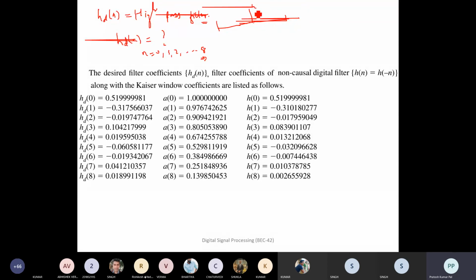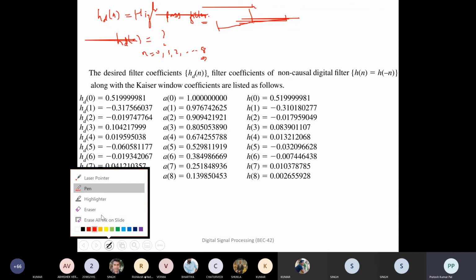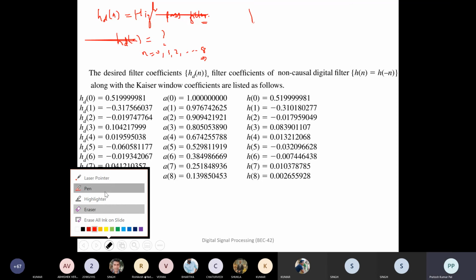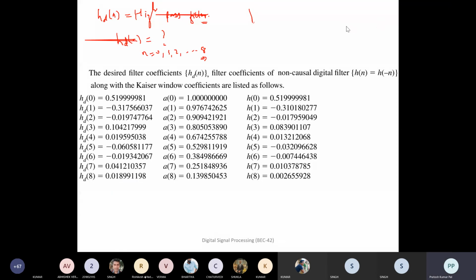So Hd of n, for different n values from 0 up to 8, we will be calculating different values.